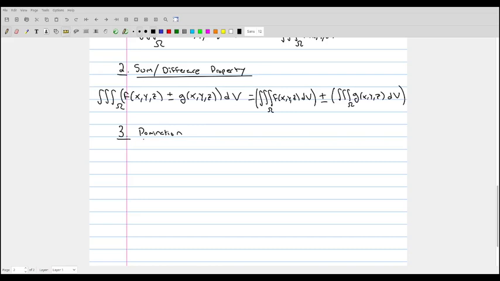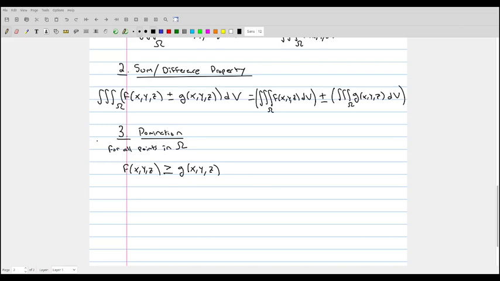The idea is that for all points in omega, in our three-dimensional region omega, let's assume that the function f of x, y, z is always above, or bounds the function g of x, y, z above. Another way of saying that is that it dominates the function g from above. So it's always bounding the function g from above.